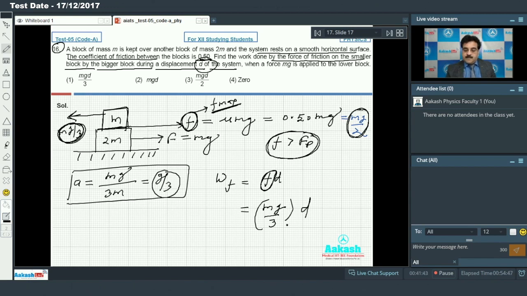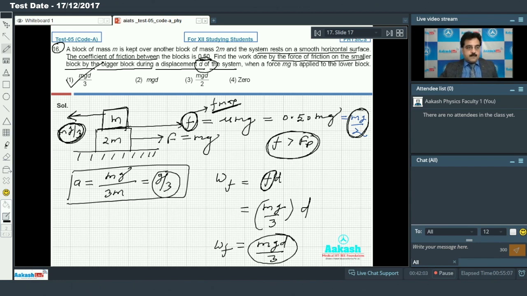The direction of friction force is along the direction of motion, so the value of cos theta will be cos 0, that is equal to 1. So my final answer is mgd divided by 3, and we can say option number 1 is correct.